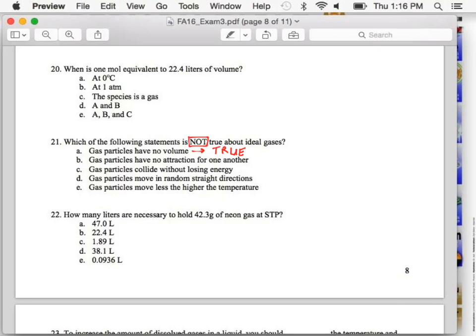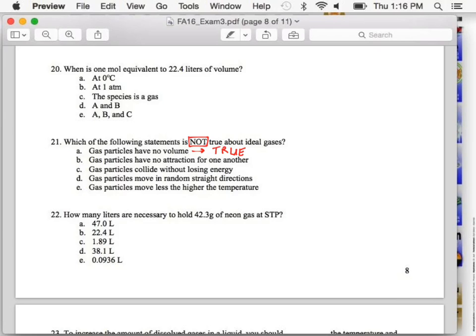So it might seem like a very odd thing to assume, but if you consider gas, the particles are so far away from each other that when you put in one particle, it's not really decreasing the volume by much. If you put in a second particle, it still has access to the whole container except for the exact one location, but the odds that it's ever going to get to that exact same one location is so slim that we don't worry about it. So that statement is actually true.